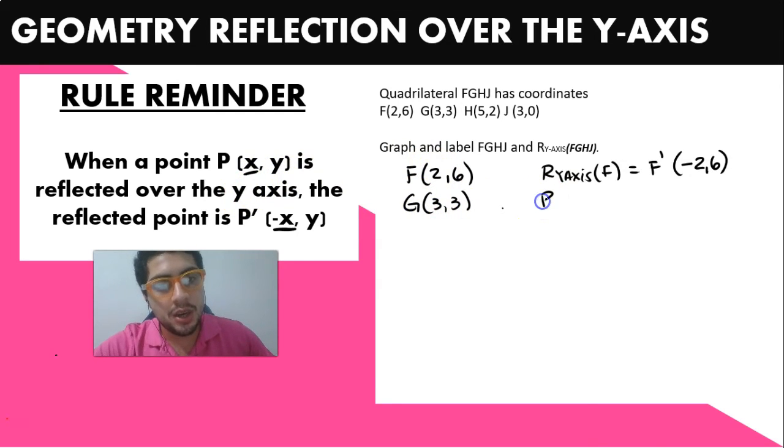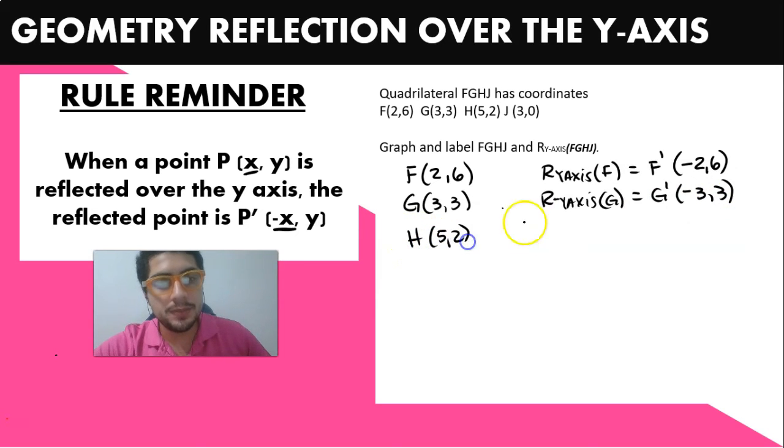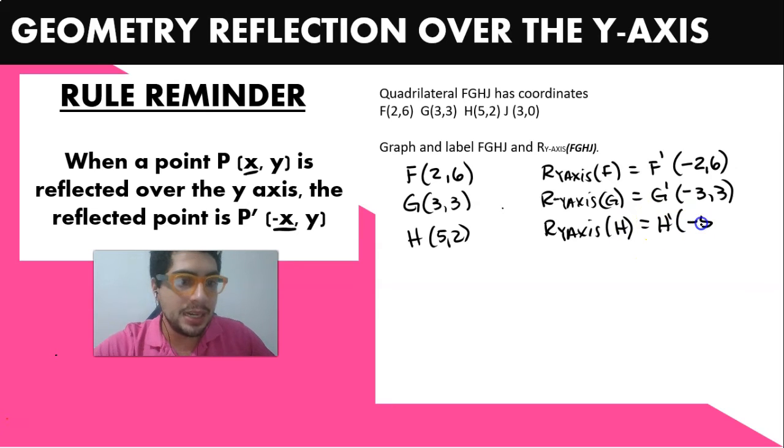In the case of G, when we reflect over the y-axis, we get G', and that is going to be (-3, 3). H, which was (5, 2), reflected over the y-axis, is going to be H', which is (-5, 2).